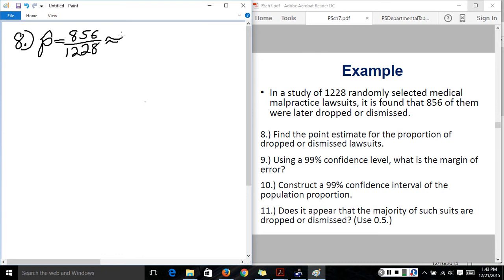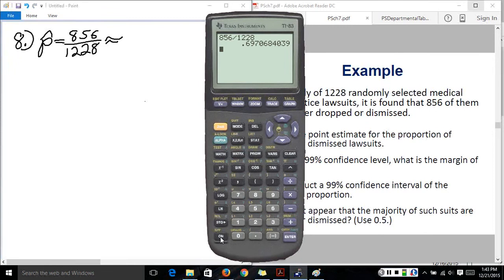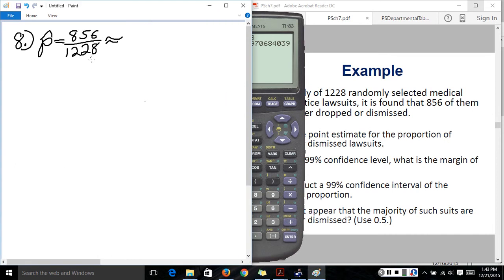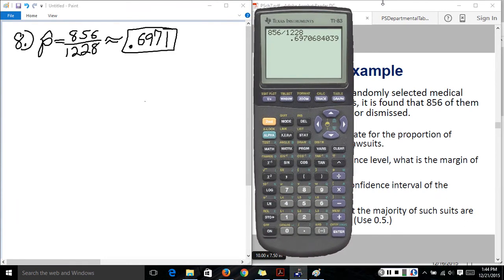If I use the calculator to find the decimal equivalent of that value, I find that it's approximately 0.6971. That's the point estimate. If we're only going to pick one point or one value to estimate the population proportion, the best thing we can go by is the sample proportion, that's p hat.